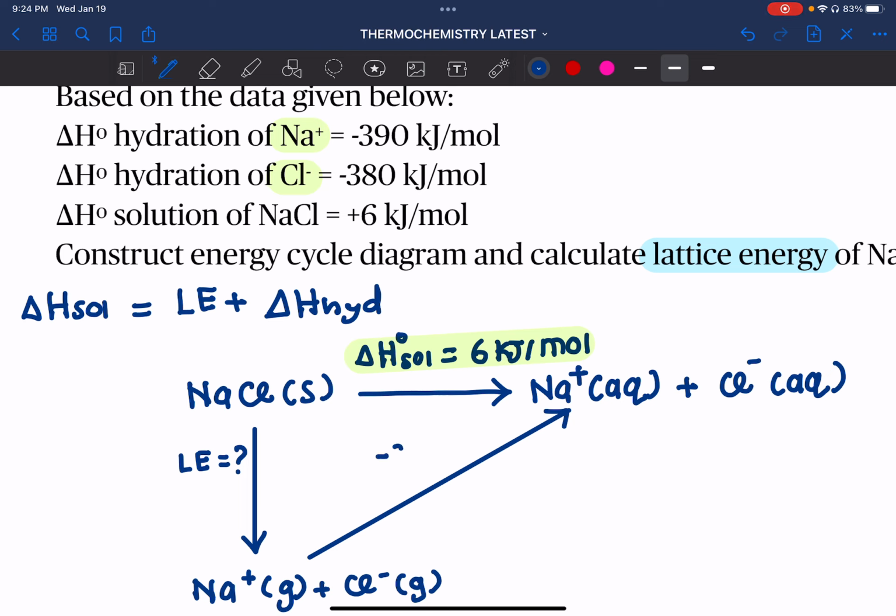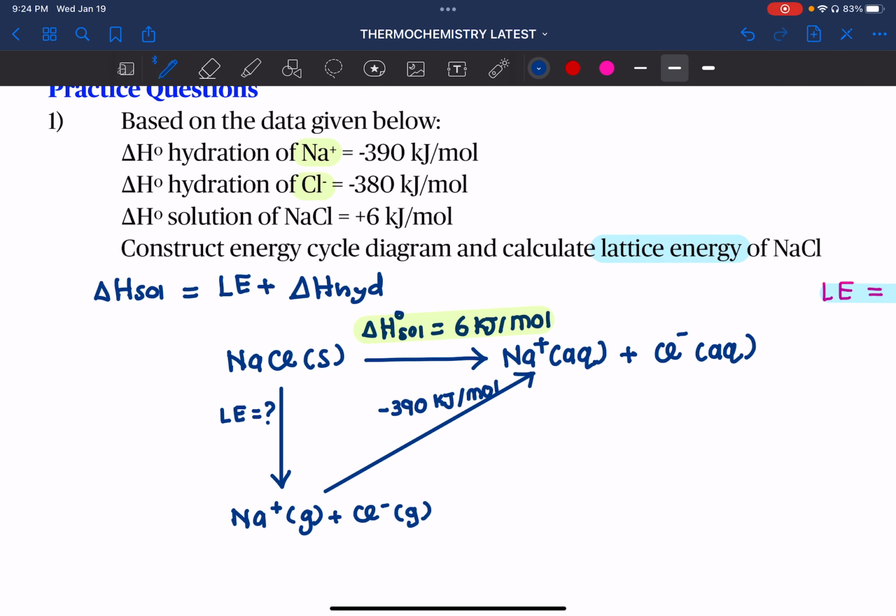Negative 390 kilojoule per mole. So that's the value for gaseous ion turns to aqueous ion. For chloride, the value is negative 380 kilojoule per mole.